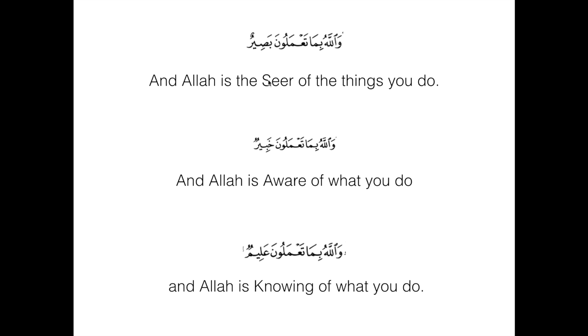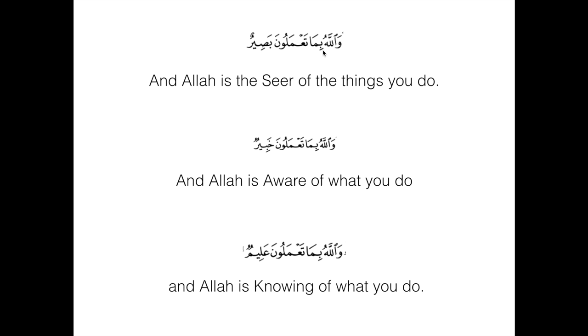Wallahu bima ta'maluna basir. And Allah is the seer of the things you do. So it's important to understand basir means the seer. He is seeing us. Okay. Wallahu bima ta'maluna khabir. And Allah is aware of what you do. Now notice that ta'maluna. These three mean the same thing.